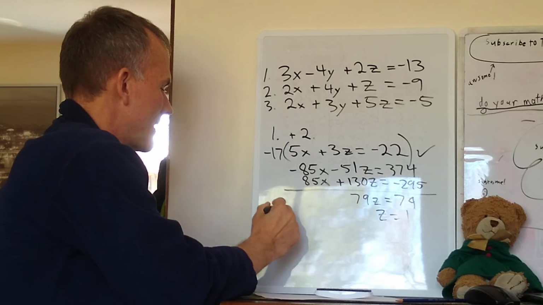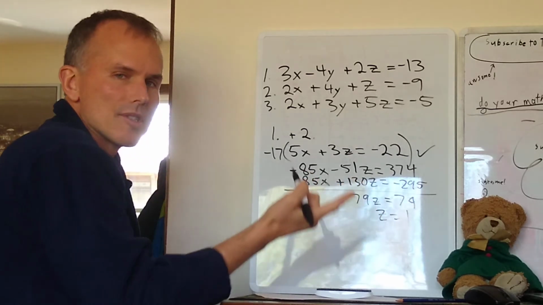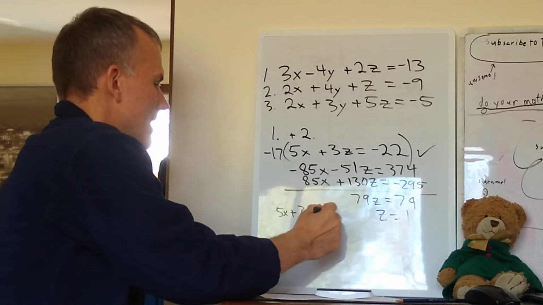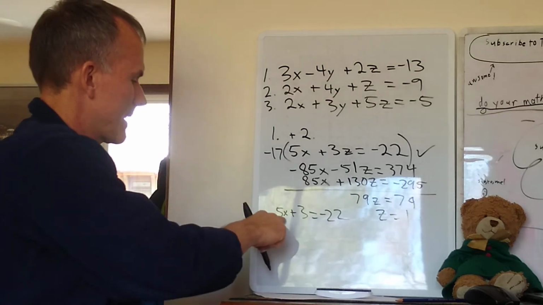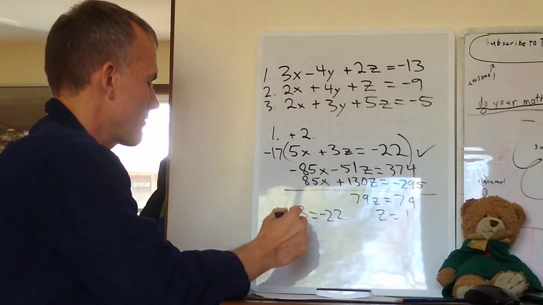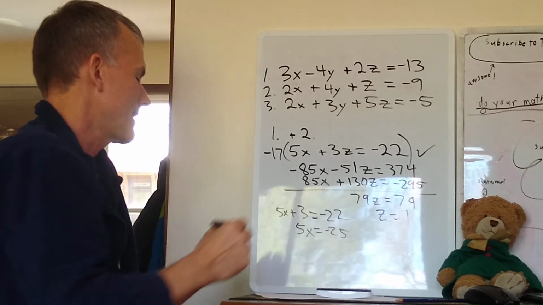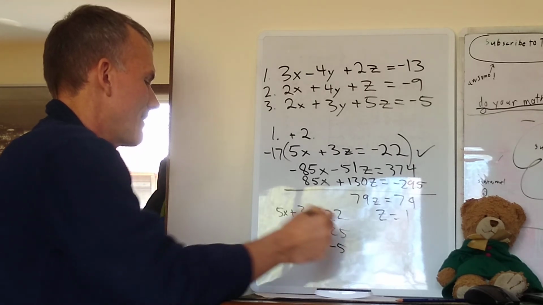I'm going to write 5x plus 3 times 1, which is just 3, equals negative 22. I can solve that for x. I'll subtract 3 from each side and get 5x equals negative 25. When I divide by 5, I get x is negative 5.